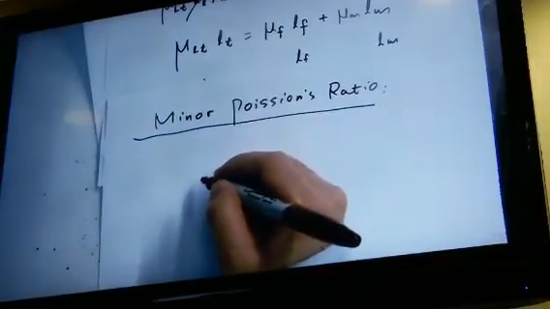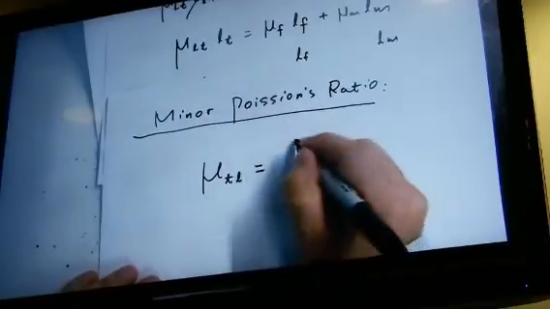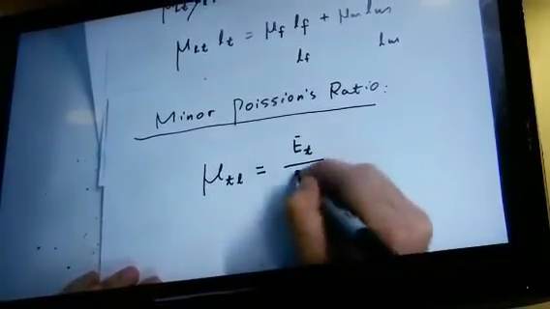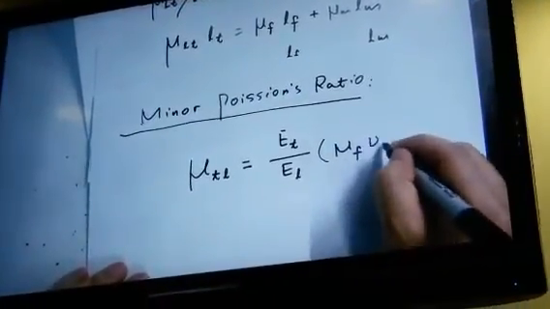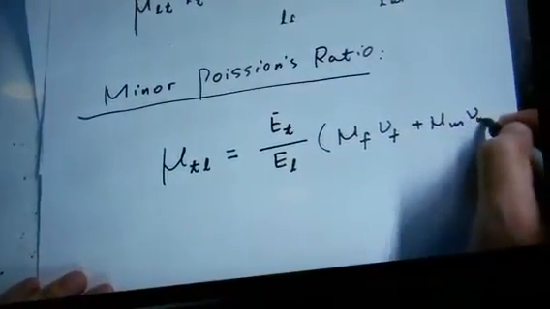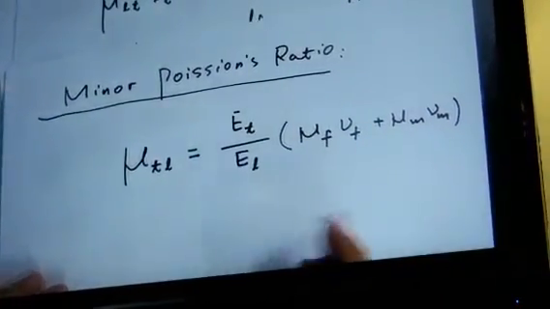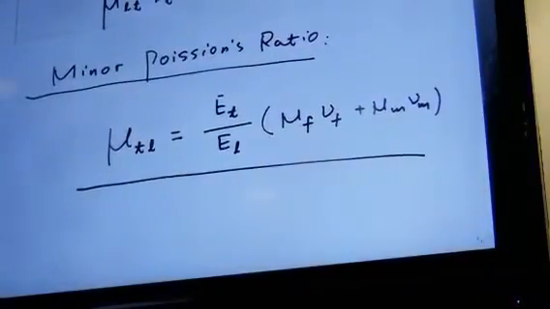Sorry, the last example. That one defined as mu TL equals ET over EL, times mu F VF plus, obviously vice versa, mu M VM. This is the equation for us to calculate minor Poisson's ratio.